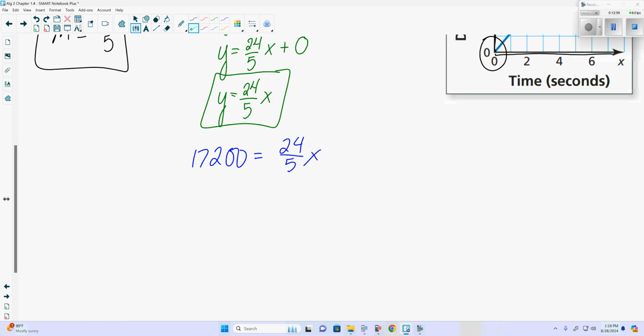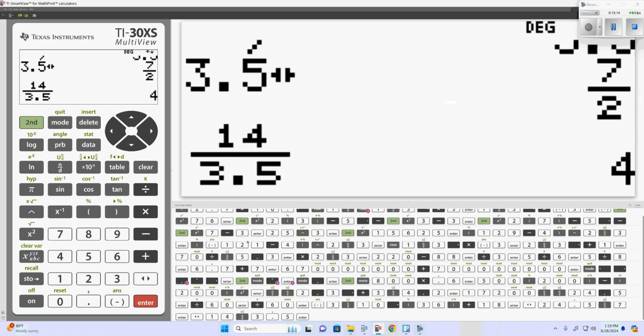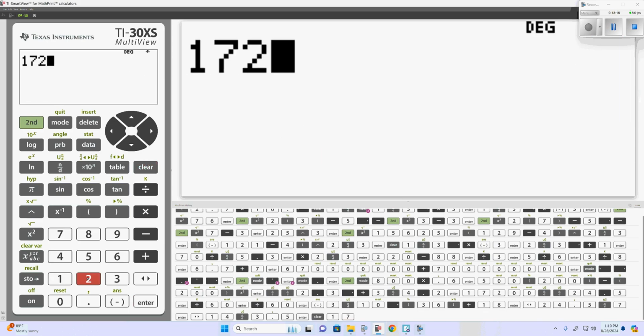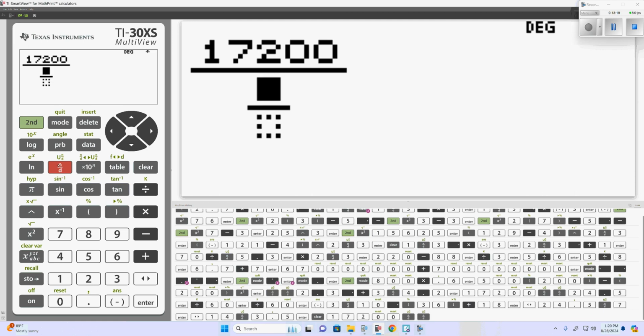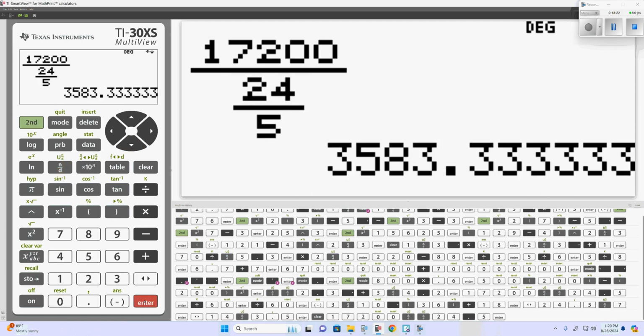So what's the operation we do to undo multiplication? Division, divide. Because we can divide both sides by 24 over 5. Luckily, we do have a calculator. 17,200 over 24 over 5 is 3,583.3 repeated. Or fractionally, we can say it's 3,583 and 1/3.